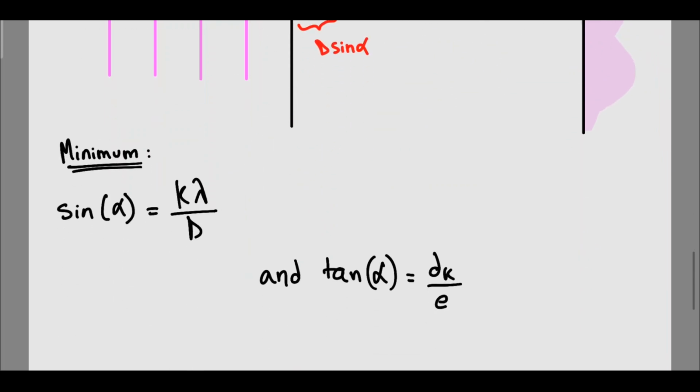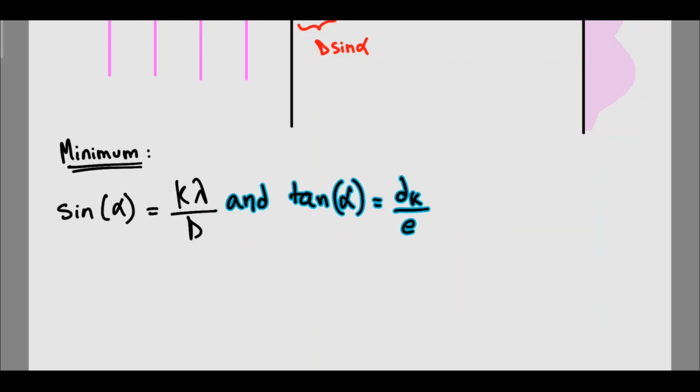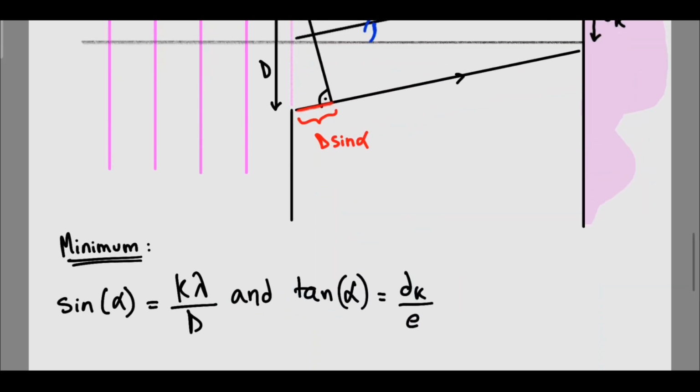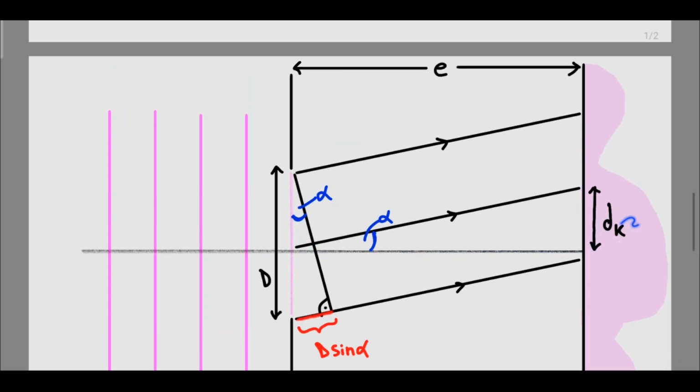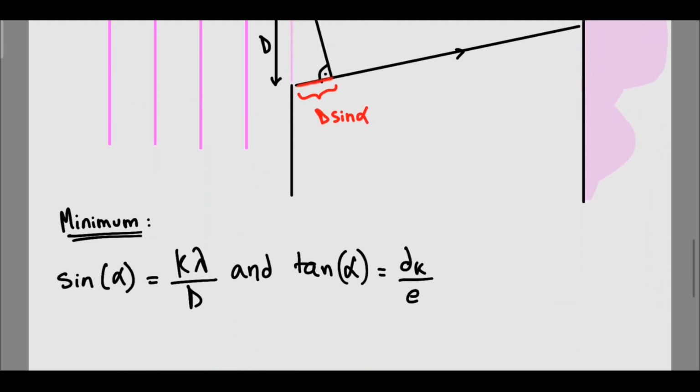And the tan of alpha, which we take as this one, is the perpendicular divided by the base, and the perpendicular in this case is dk, and the base in this case is e.